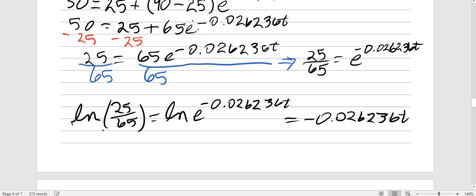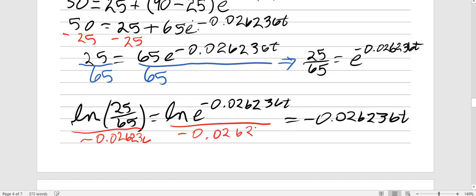And to solve this for T, I'm going to be dividing by K. So that's going to give me my T value.